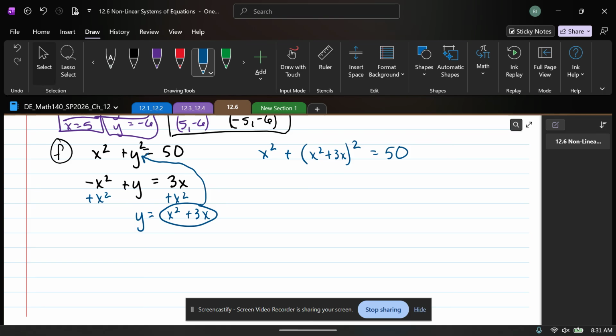So squaring x squared plus 3x, that's where it happens to be a lot of fun. And I still got the plus x squared out here. That's going to give me x to the 4th plus 3x cubed plus another 3x cubed plus 9x squared.